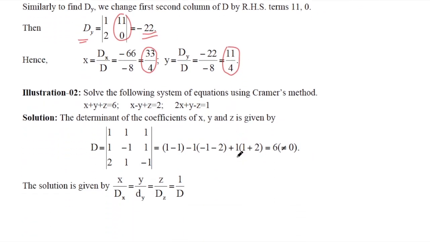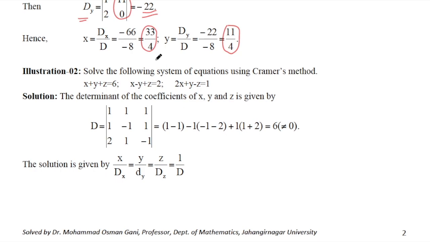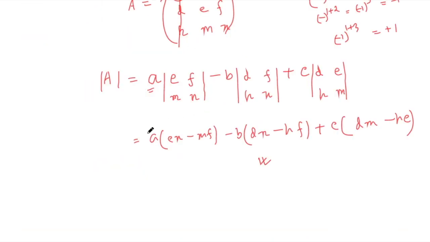Now if it is a system of three linear equations in three variables, then the coefficient matrix will be a 3 by 3 matrix. And the determinant we will calculate following this definition.